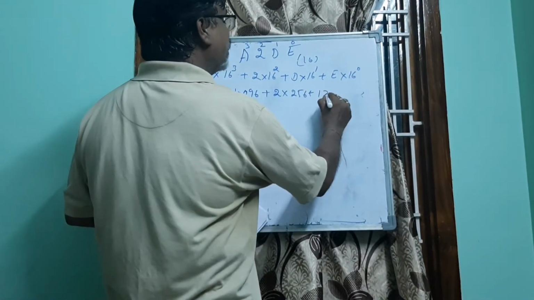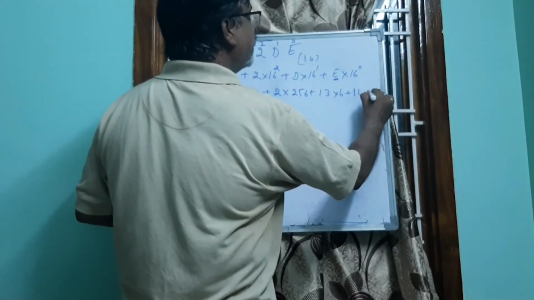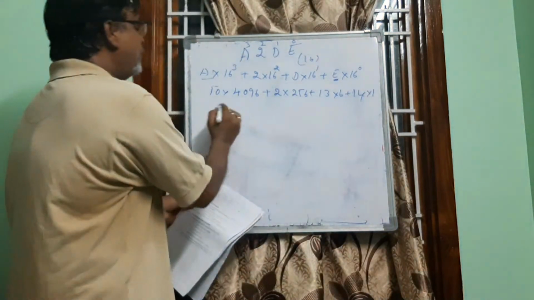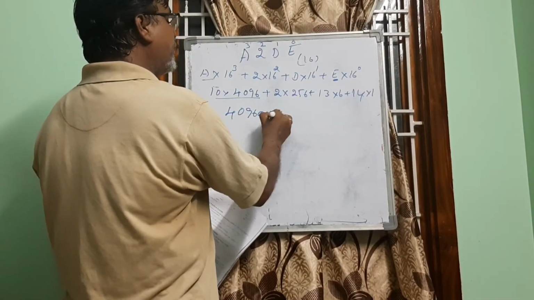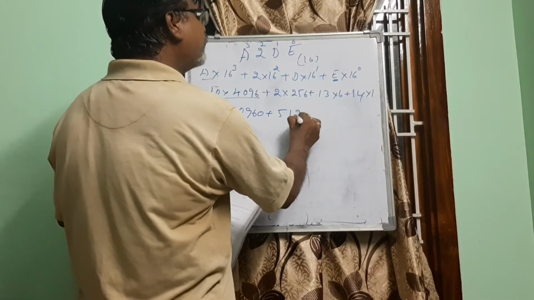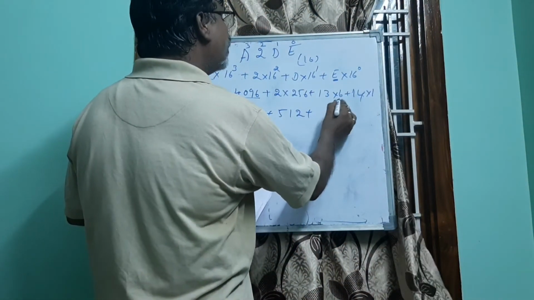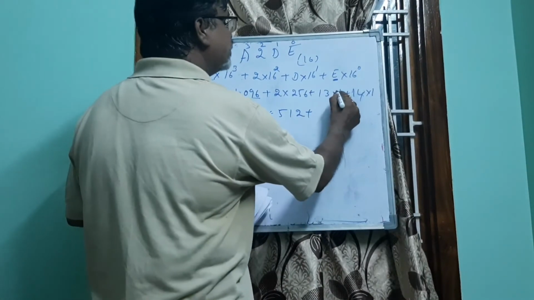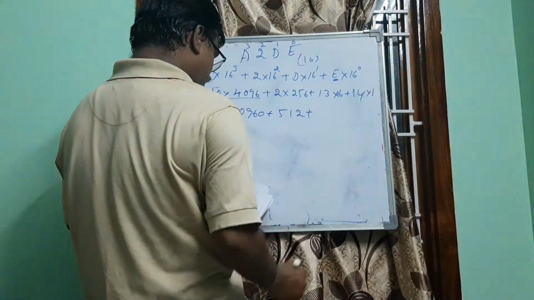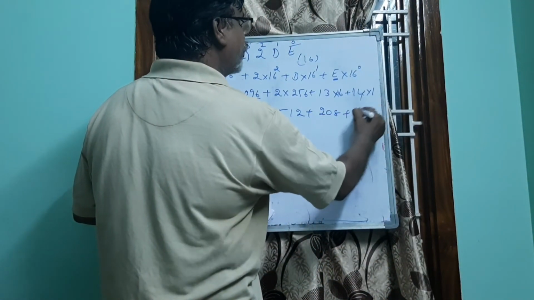It is 13. 13 into 16 is 208, plus E, it is 14.